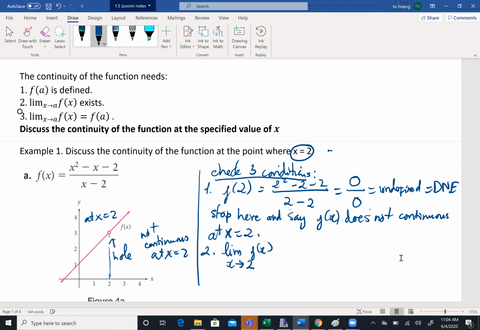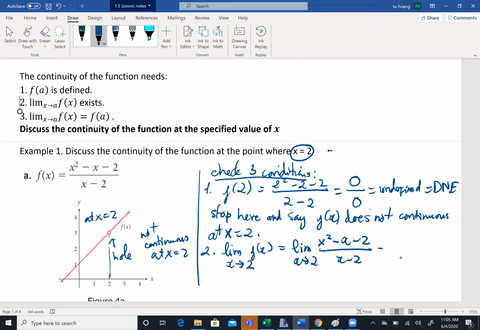So I have to find the limit of f(x) as x approaches 2. You may want to substitute f(x): x squared minus x minus 2 over x minus 2.